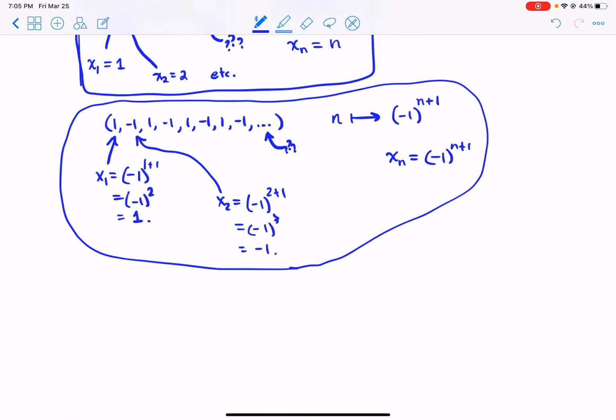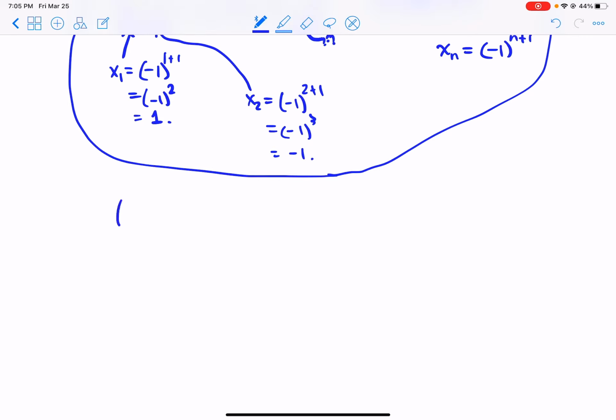Let's see. How about this sequence? 1, 2, 6, 24, 120, 720, ... Now, this one you maybe don't know what I'm going for here.